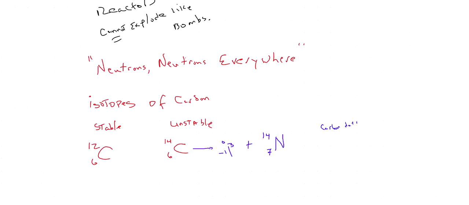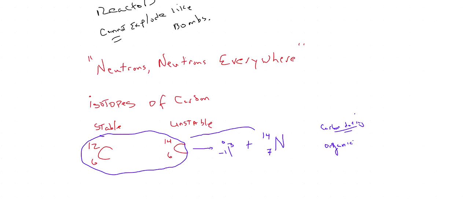When you have organic material, bones for example, the organic material naturally has carbon-12 and carbon-14.